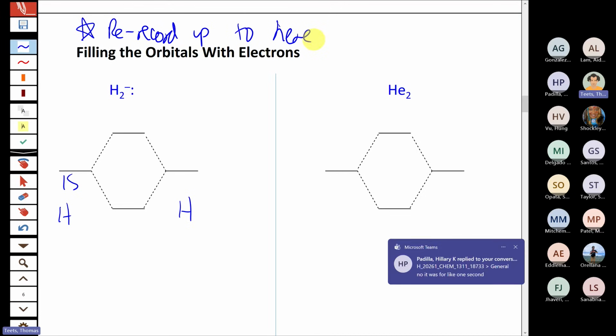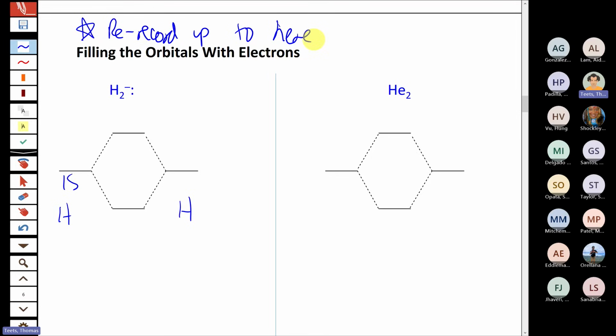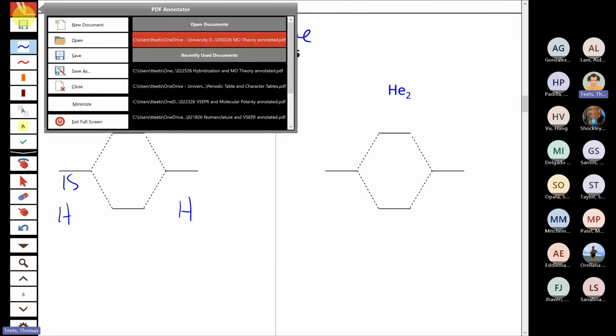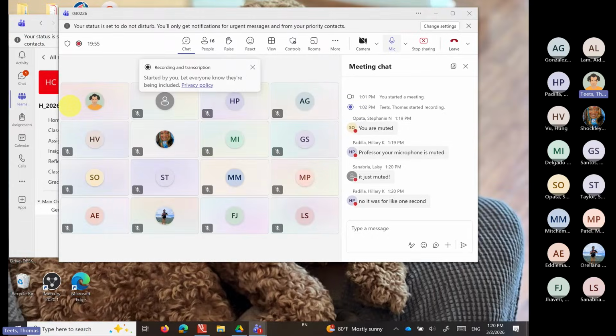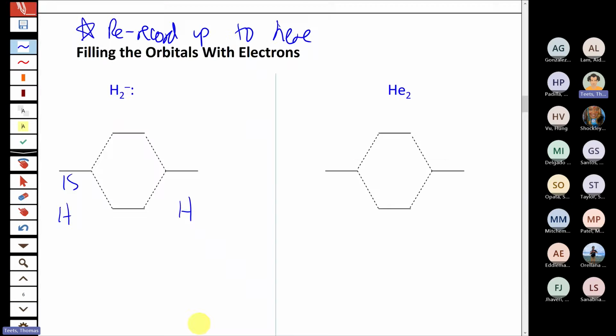That shouldn't be too hard. Oh no, someone said I was only muted for 1 second. So this side conversation is getting distracting, but I appreciate the commentary anyway. I will check it. Thank you for telling me. I don't know why I suddenly muted because I didn't press anything. So if someone in the live studio audience has the ability to mute me, please don't do that because I can't control it from here very easily. But I don't know what happened. If it was just for a second, I'll check the video at this stage and see what it looks like.